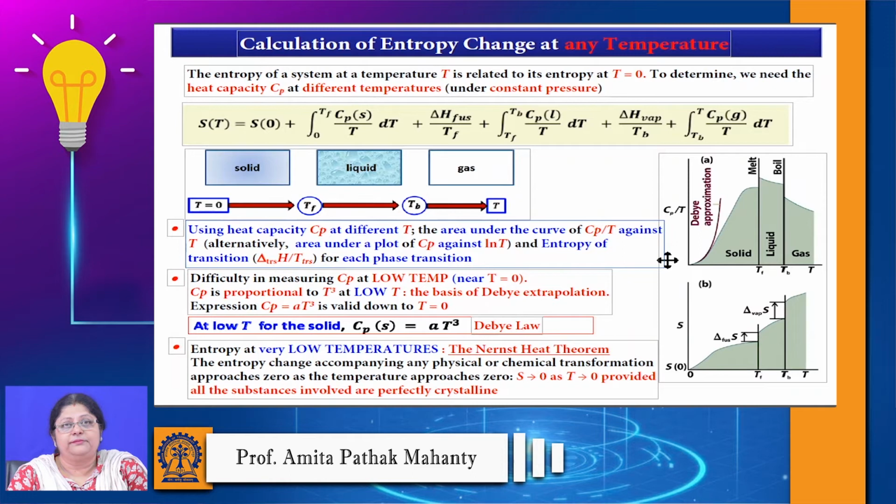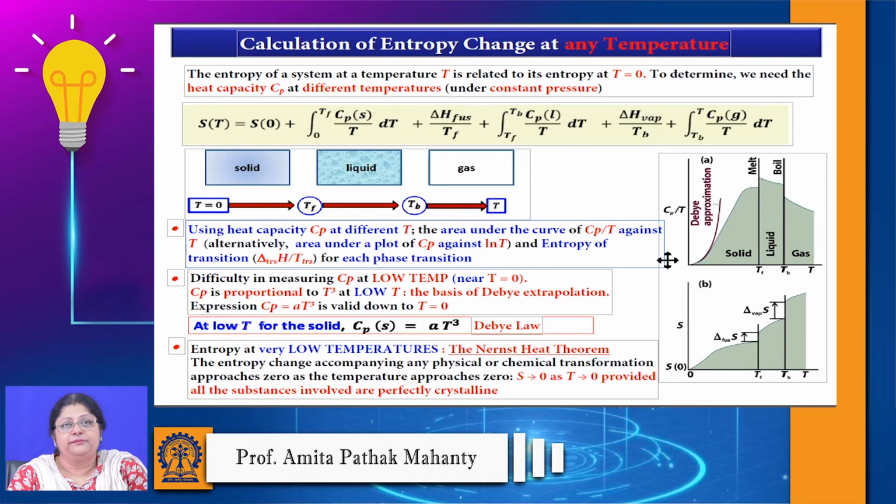At this temperature, what we apply is the Debye extrapolation to find out the value of Cp. When the temperature is very low, nearing T equal to 0, computing the Cp value is very difficult, so what you take to calculate the Cp value is the Debye extrapolation.